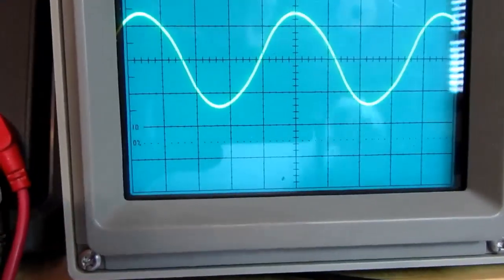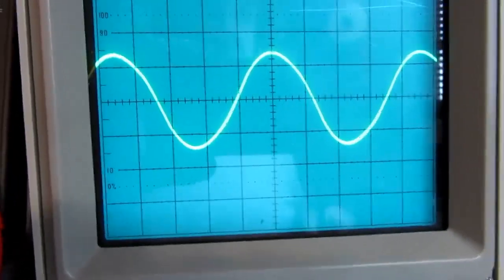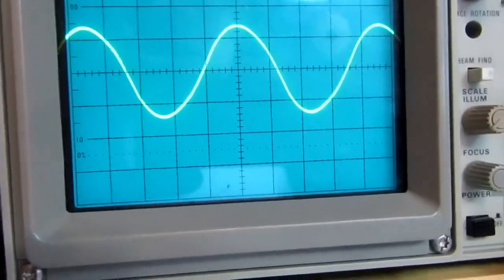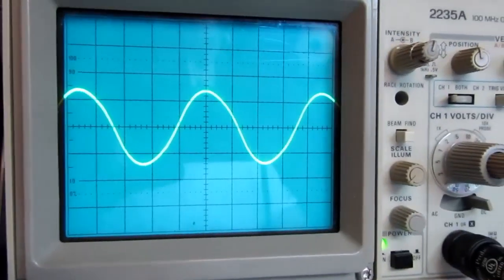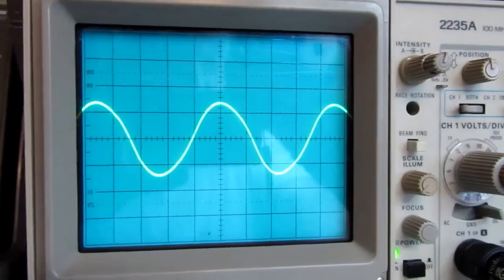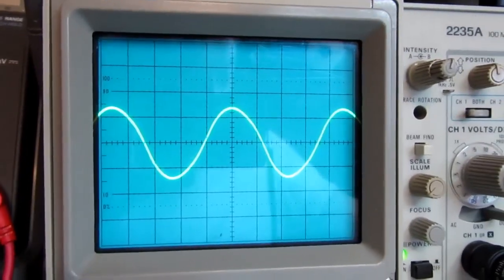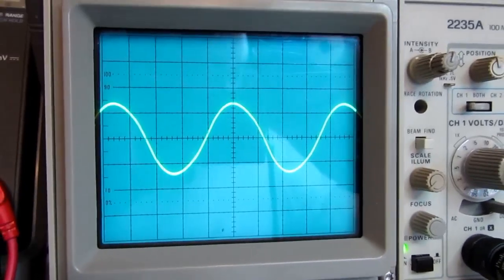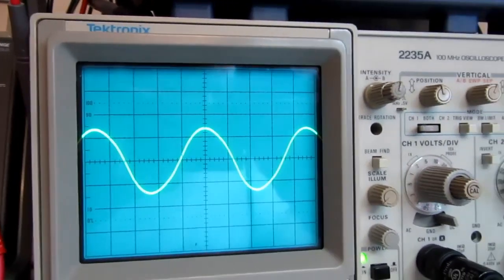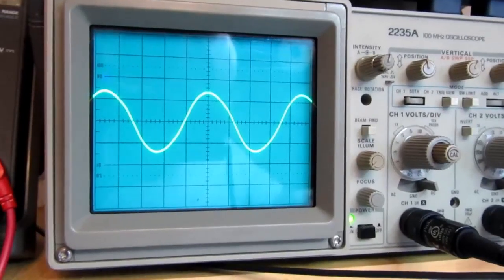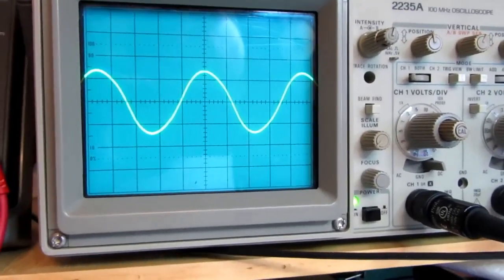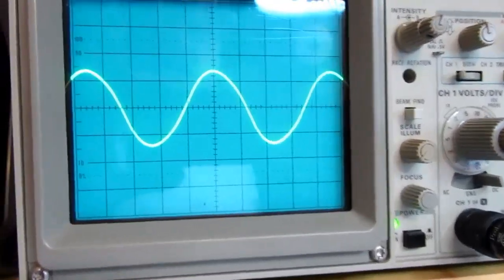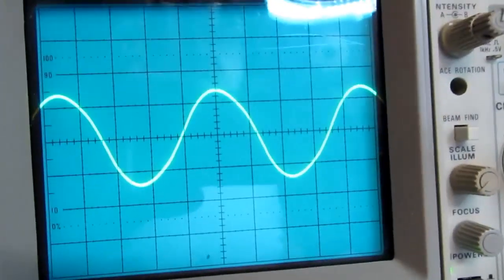I think it's supposed to be 1 kilohertz by default. I don't know if it said it anywhere except on the listing. It just says it's an audio oscillator. I don't think it mentions what frequency you're supposed to get in the instructions, at least not up to this point. But at least it's in the ballpark.